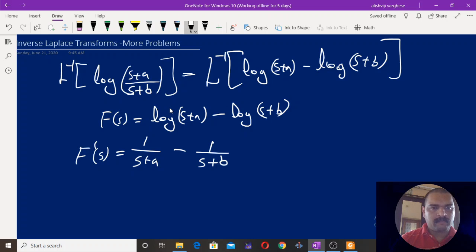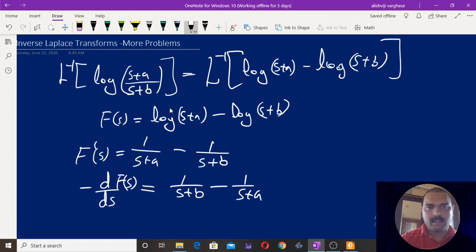Now we have some functions, 1 by (s plus a) and 1 by (s plus b), for which the Laplace transforms are known. So the inverse Laplace transforms of the derivative is known. So let's consider minus d by ds of F of s, which is equal to 1 by (s plus b) minus 1 by (s plus a).